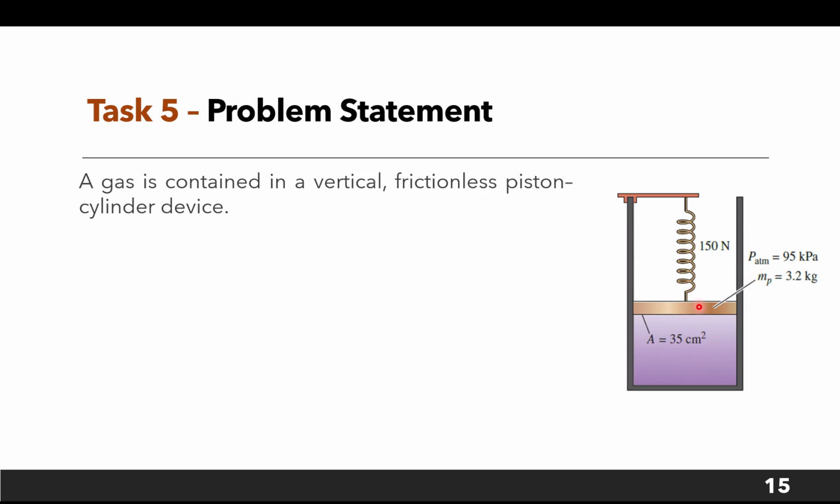The piston has its own mass, it's not weightless. So we are going to look at the weight on the gas. Remember, weight is force. We are going to look at the force exerted by the spring on the gas, and then the force exerted by atmospheric pressure on the gas.